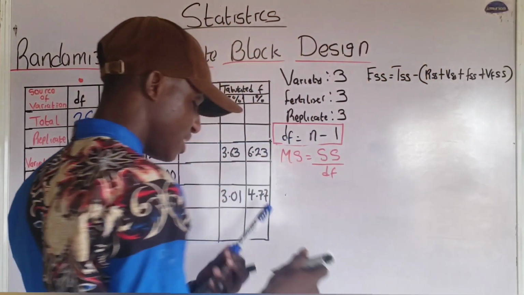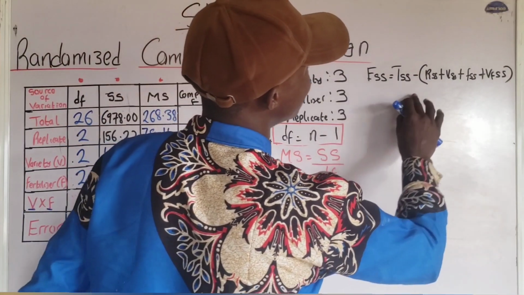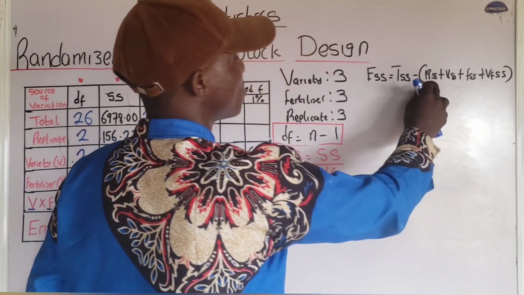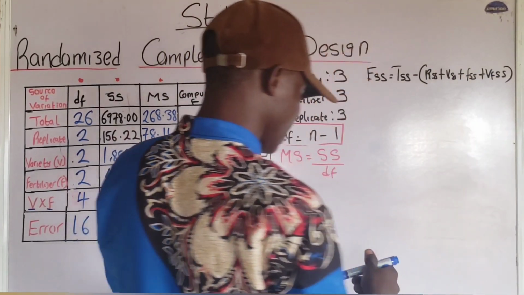You understand? The error sum of squared is the difference between the total sum of squared and the replicate, variety, fertilizer, and variety fertilizer sums of squared.